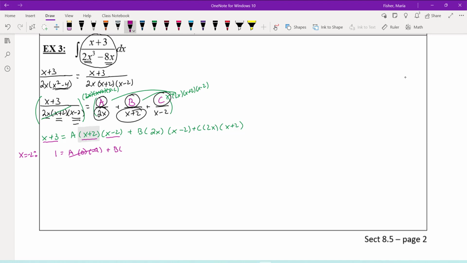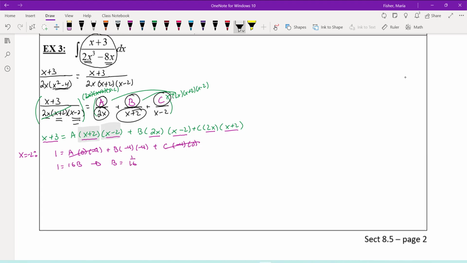Plus b. Negative 2 times 2 is negative 4. Negative 2 minus 2 is negative 4. Plus c. 2 times negative 2 is negative 4. Negative 2 plus 2 is 0, so that term cancels. So you end up with 1 is equal to 16b. Therefore, you know that b is equal to 1 over 16.